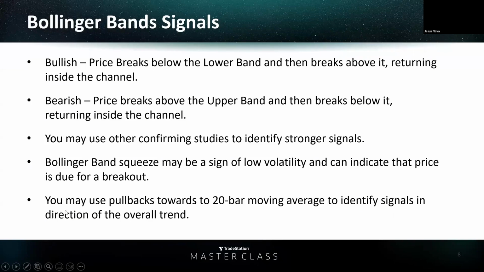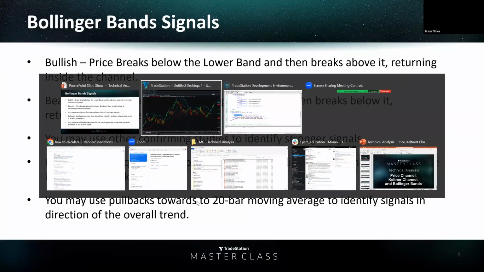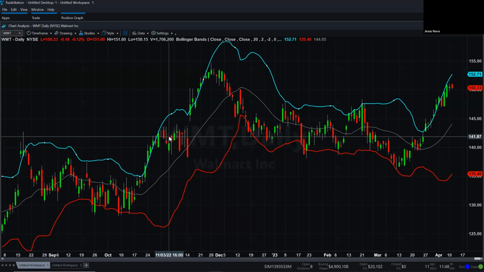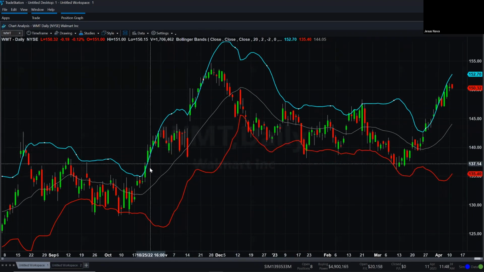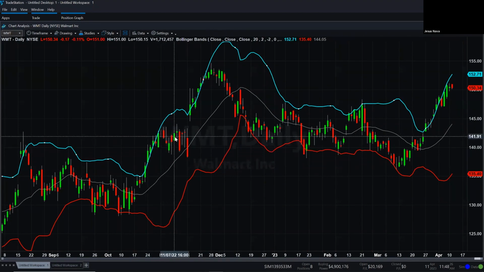Right here, the last bullet point says you may use pullbacks towards the 20-bar moving average to identify signals in the direction of the overall trend. This is an interesting way of looking at the Bollinger Band. If the overall trend is an uptrend, like for example right here, and all of a sudden the price activity pulls back into the 20-bar moving average like it did here, you notice how this candle kind of penetrated that middle band.